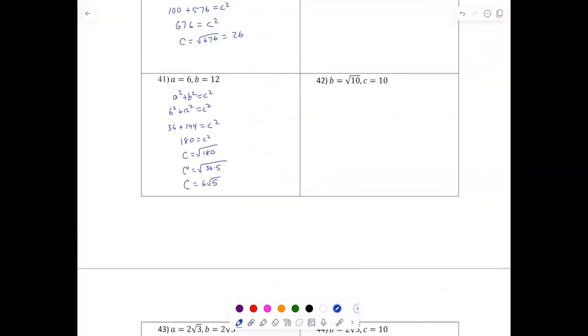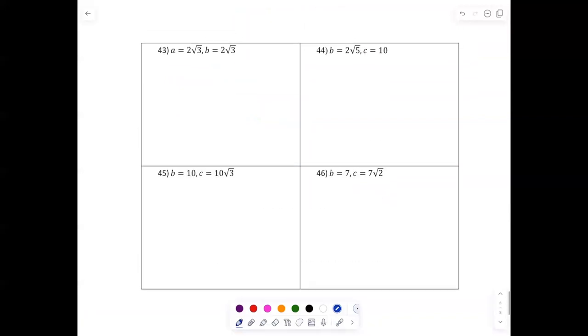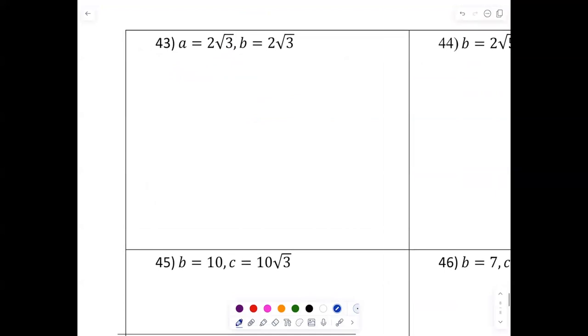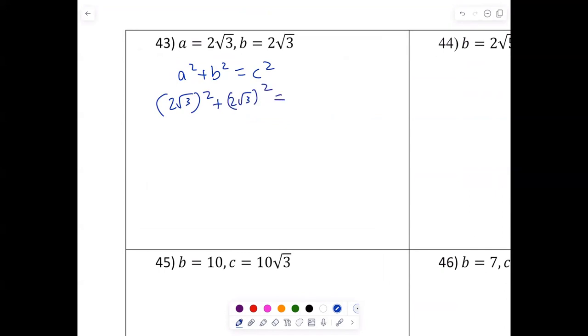All right, let's try the next one. Actually, all right, let's do this. A squared plus b squared equals c squared. 2 radical 3 squared plus 2 radical 3 squared equals c squared. Okay, what is 2 squared?